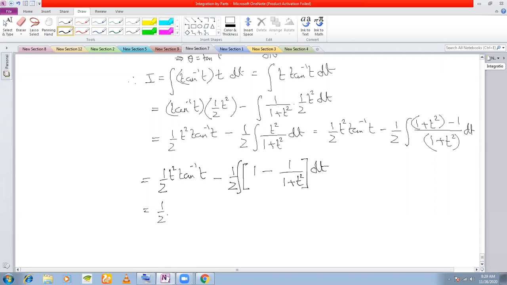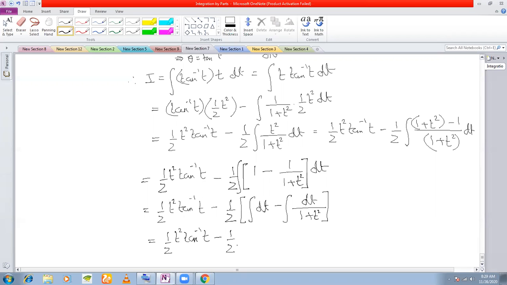So this becomes half t square tan inverse t minus half, it becomes integral dt minus integral dt by 1 plus t square, right? So this becomes half t square tan inverse t minus half, it becomes t minus, and what is the integral of dt by 1 plus t square? If you remember, it is tan inverse t, right?